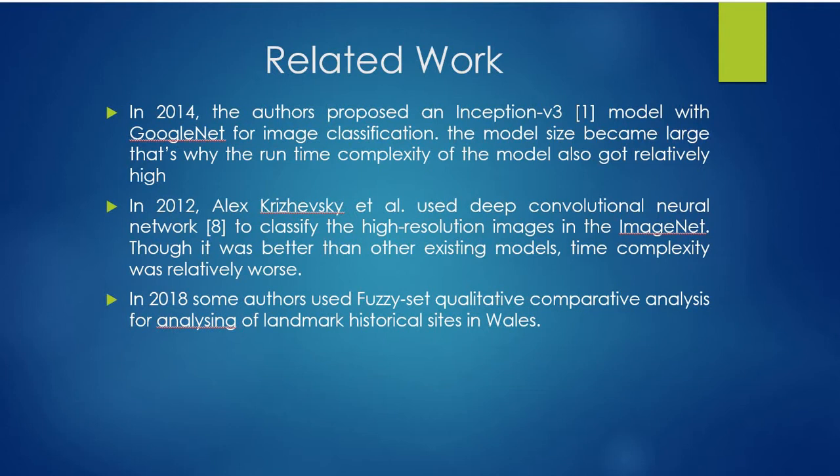Later, some authors proposed an Inception v3 model with GoogleNet, also for image classification. Here, they used 23 million parameters, so the size of the model became large, and this resulted in high time complexity to run this model.